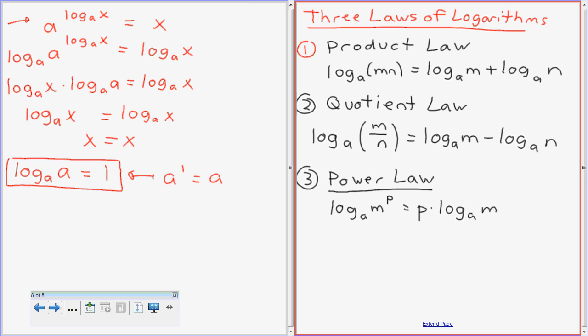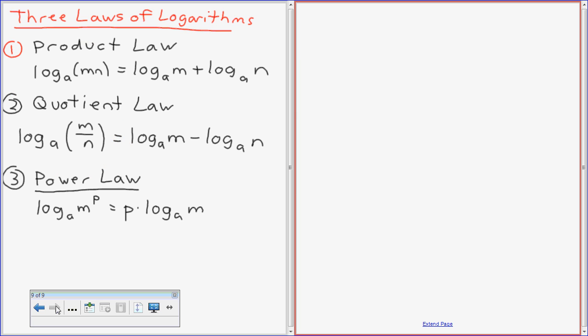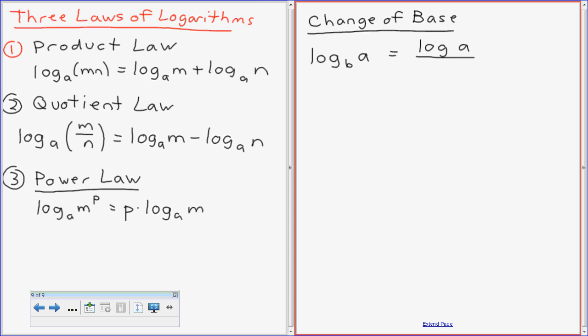The fourth one I'm going to do is the change of base, even though it's not really a law of logarithms. If you're looking to calculate things out on your calculator, you can calculate it like that.